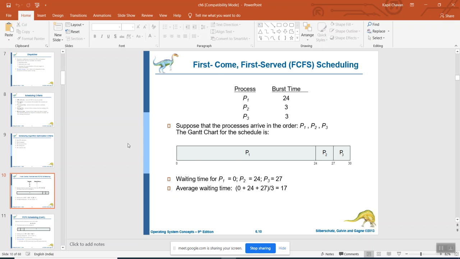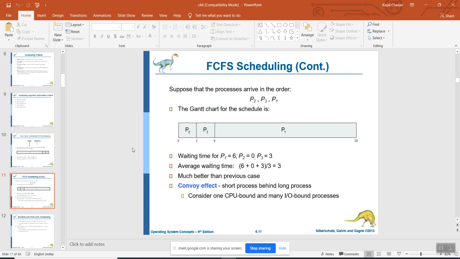Now we will see another condition here. Suppose the processes arrive in the order P2, P3 and P1. Again you can plot the Gantt chart here: P2, P3 and P1.